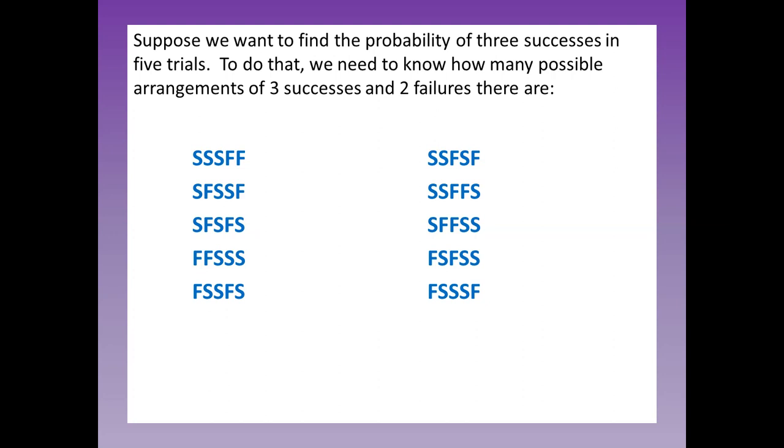But you can see how this would become a problem relatively quickly. What if we wanted to find the probability of 12 successes in 20 trials? Then you'd have strings of 20 characters with 12 S's and 8 F's, and you'd have to find all possible arrangements. That would take a very long time if you tried to grind that out by hand.